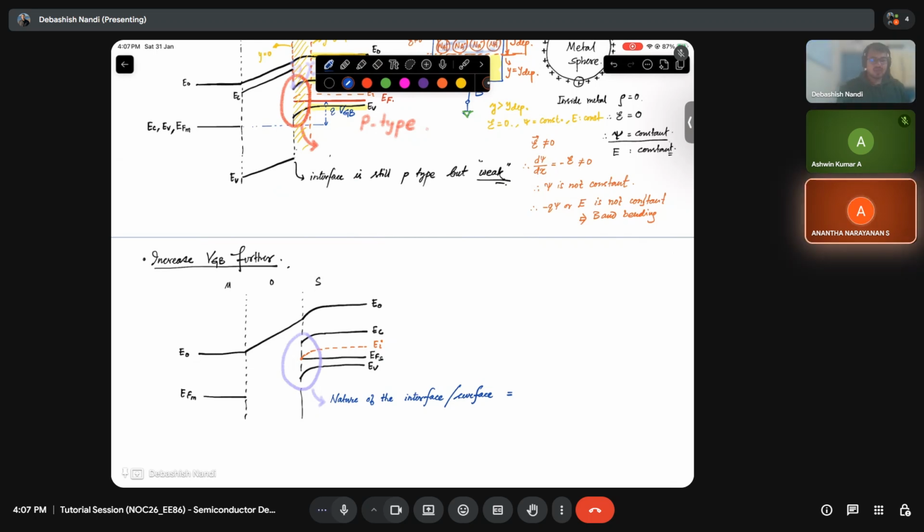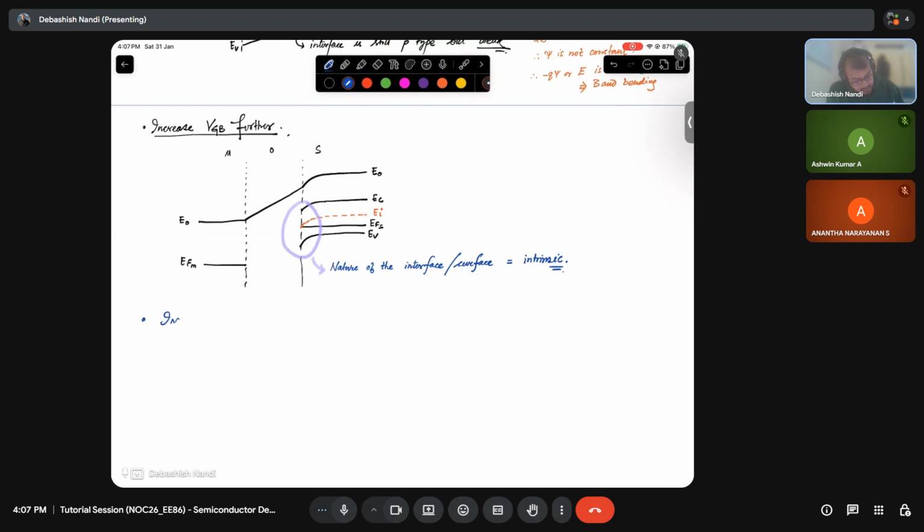The intrinsic Fermi level. So if your EI is touching the Fermi level, the device is intrinsic. You see how my interface has become intrinsic now?